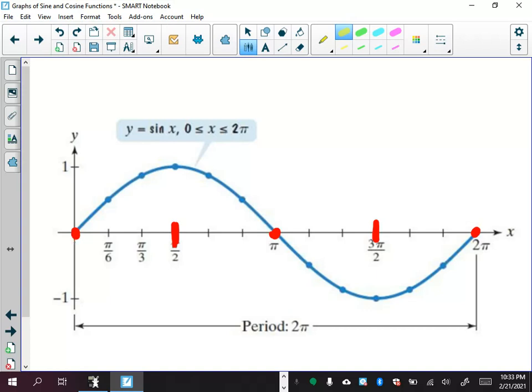So my first point would be (0, 0). My next point is pi over 2. Sine of pi over 2, that's 90 degrees, which means that my y value at 90 degrees is 1. So that's my next point. And then at pi, I'm back at 0. At 3 pi over 2, I'm at -1. And then I'm back at 2 pi, which is 0. So those are my 5 points that I need those y values for.